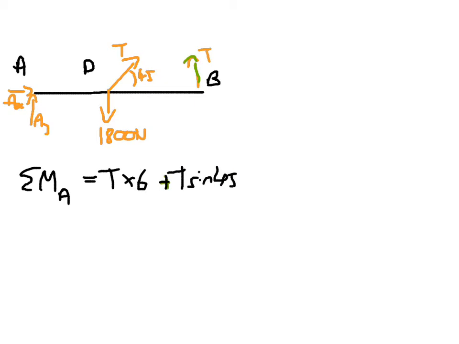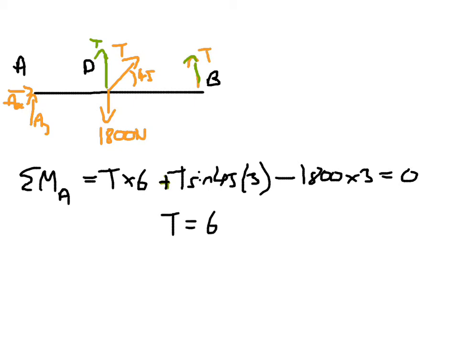Now if you're following this in the lecture PowerPoint, there is a typo here, that should be times 3, and that will give you this component of T at point D, so that's times 3 because it's 3 metres away, minus 1800 times 3 equals 0. So our T equals 665 newtons. That's our tension.